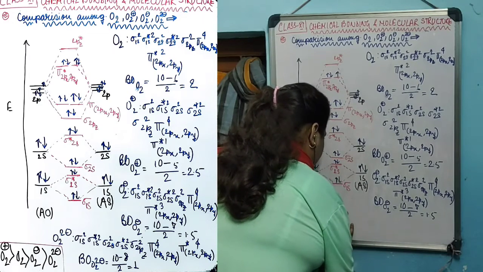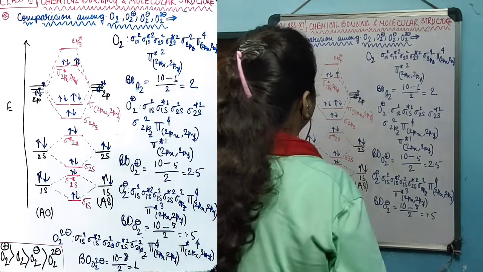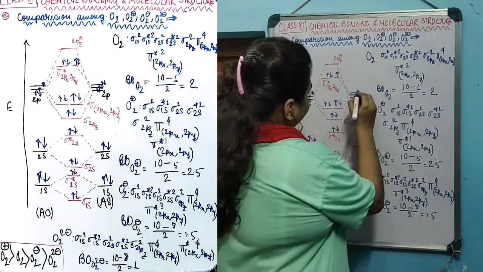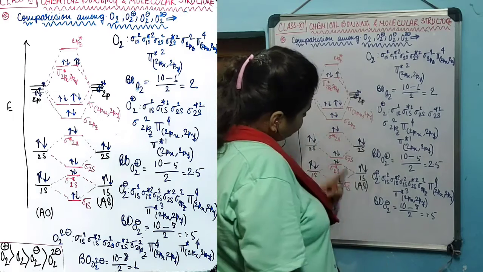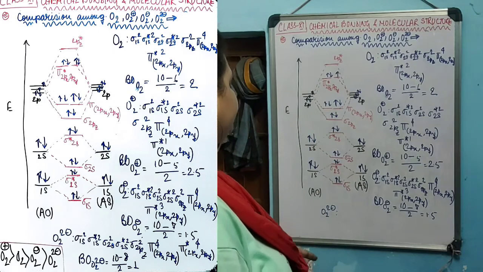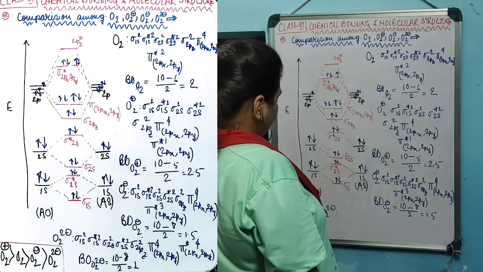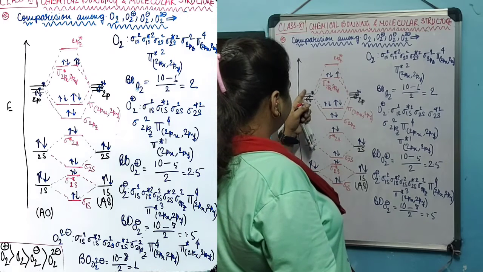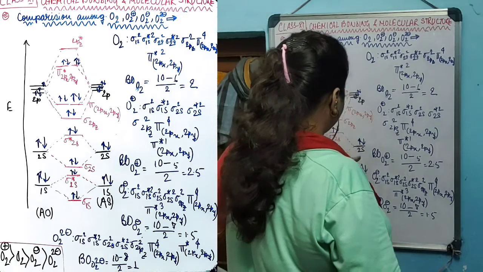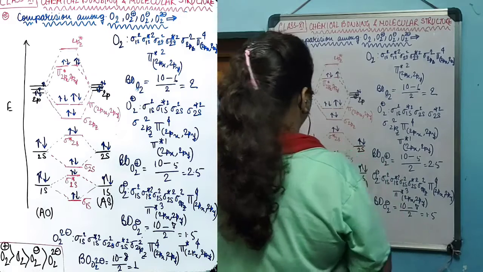Let's construct the bond order for O2 2 minus. Another electron will be there in the second atomic species, creating a total of 18 electrons.